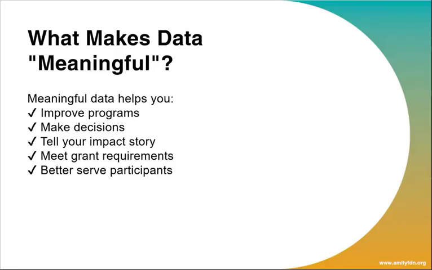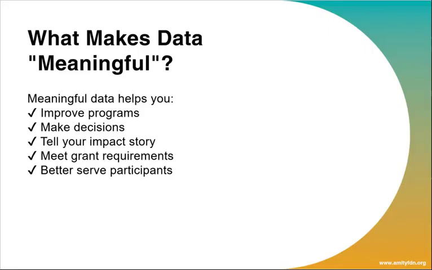So, we've talked about collecting data with purpose, but what actually makes data meaningful? Meaningful data is information that helps you do something with it. It can help you improve your programs by showing what's working and what needs to change. It can help you make better decisions instead of relying on assumptions.